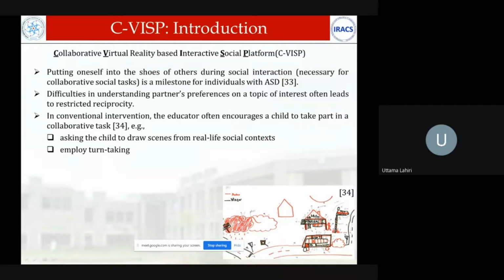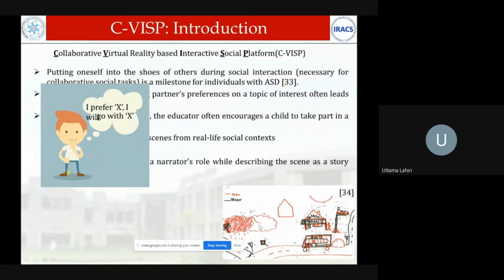Then the child draws clouds, then the therapist will draw rains, right? So in this way, the story building proceeds. Or in other words, creating a story. And finally, the educator will narrate the scene in the form of a story as a feedback. And that is what we try to bring in through VR.